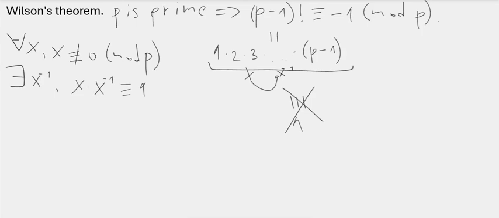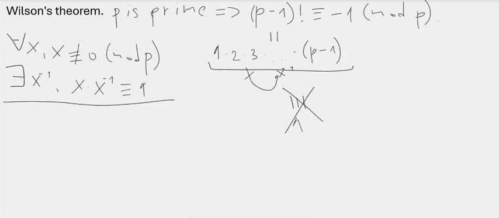It might be that x to the power minus 1 is congruent to x, and then for such a number the pair to this number would be this number itself, and then we can't divide it into pairs. So this argument doesn't work directly, but we can investigate what are such numbers that would be paired to themselves.